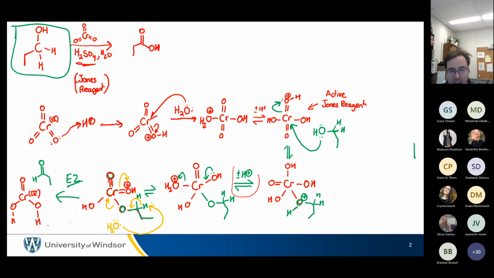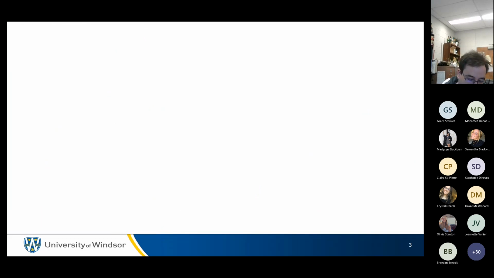Okay. Now we're not done yet though, because notice that's an aldehyde, and that's not an acid. That's because we still have lots and lots of sulfuric acid in water. Now, normally if you mix sulfuric acid, water, and aldehyde, nothing happens. Because if you take an aldehyde, like the one we have here, and you mix that with H+ and water, you protonate the aldehyde.